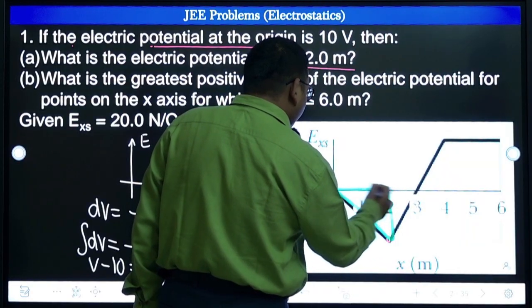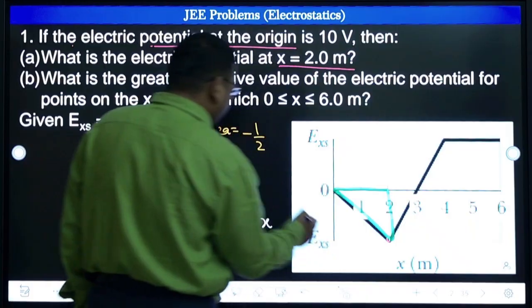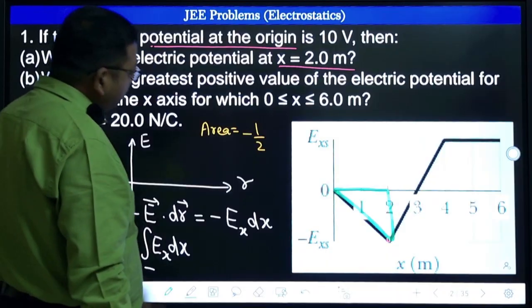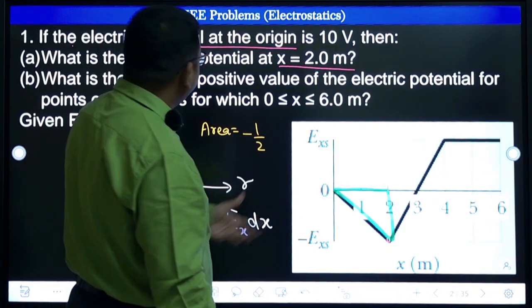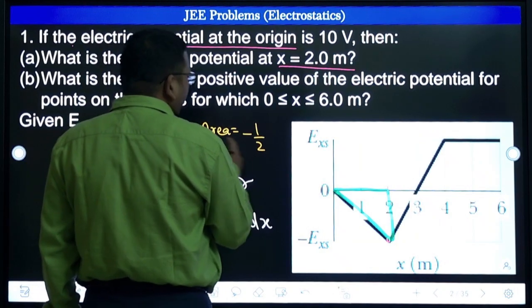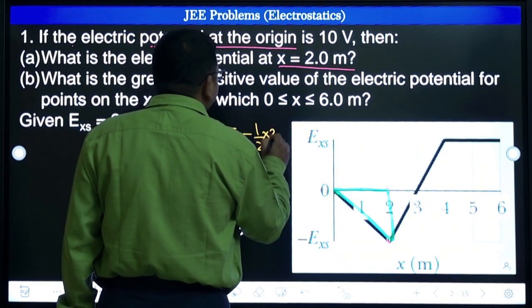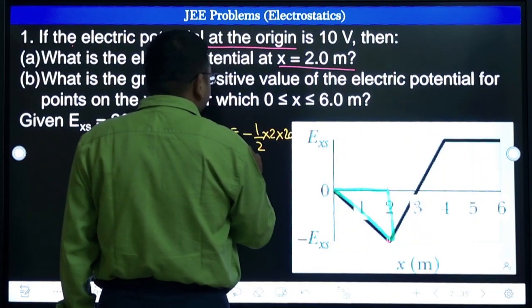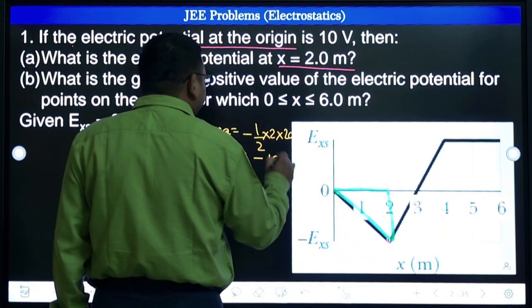The base is 2 and the height is given with a minus sign, so it will be negative anyway. So minus half into base 2 into height 20 comes out as minus 10.